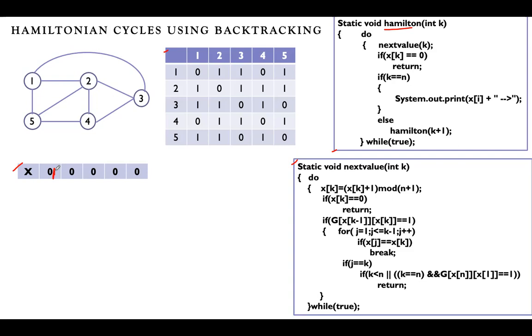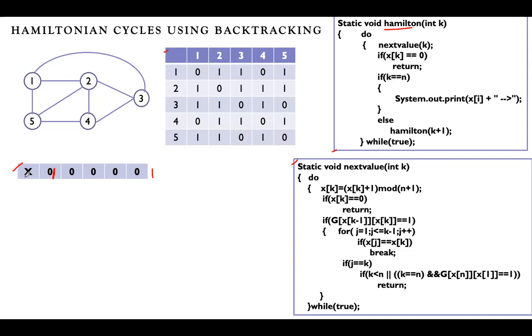The start value I will read from the keyboard. If I give 1, the cycle will start with 1 and it has to end with 1, traveling through all other vertices. 1 followed by 2, 3, 4, 5 or 5, 4, 3, 2 or any combination, and it has to end with 1. So that is the cycle.